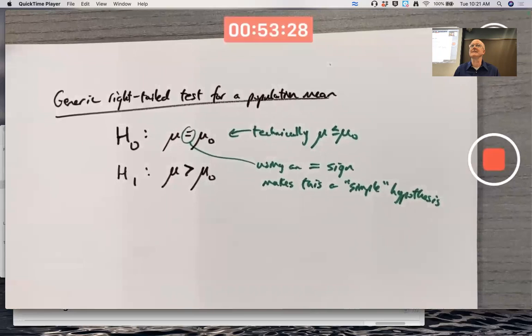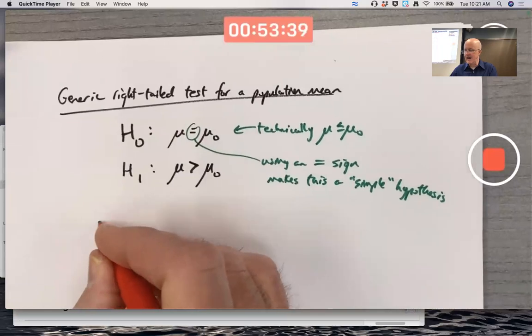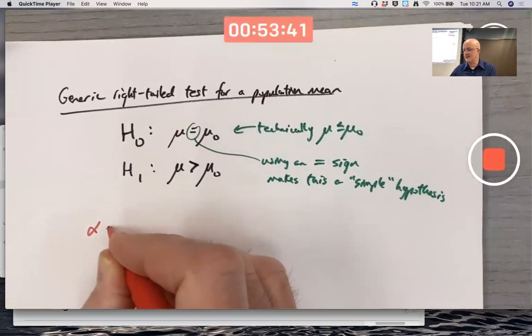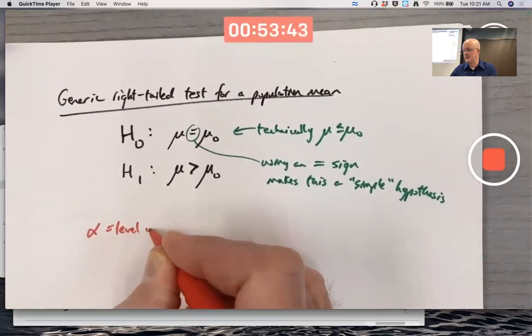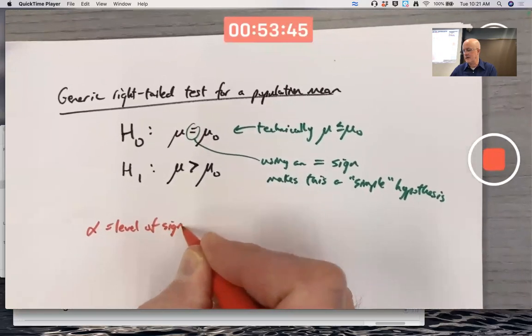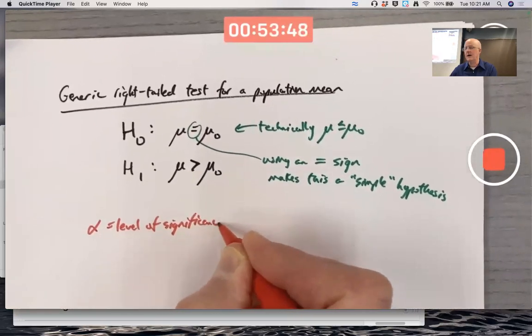Remember these things? Let's think about these things again, but now in the context of also including a level of significance. The letter alpha in this context is called the level of significance of the test.